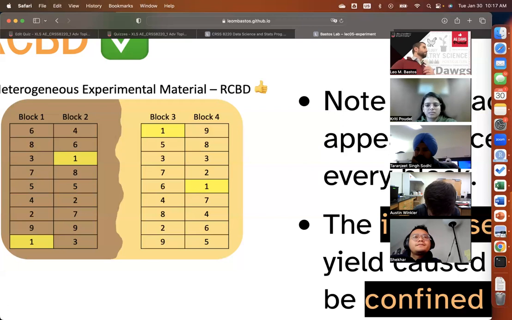If you have a treatment appearing more than once in a block, like if we took blocks 1 and 2 and merged them into one block, and 3 and 4 into another, with 2 blocks, one on each soil type, you would have what is called a generalized randomized complete block design, which is what it means when each treatment appears more than once per block.